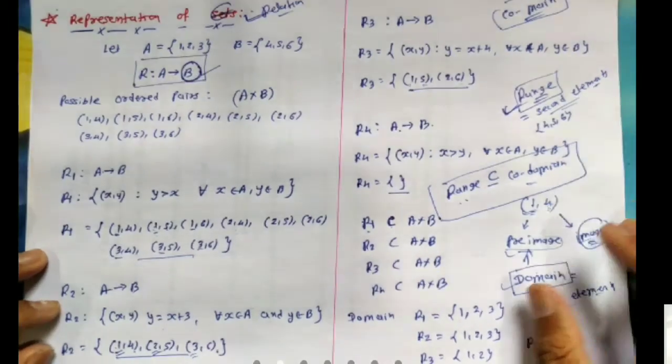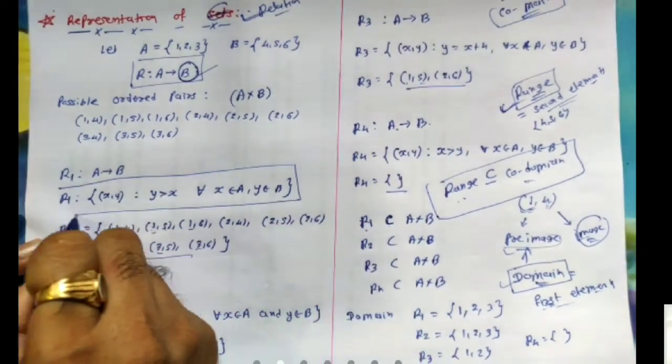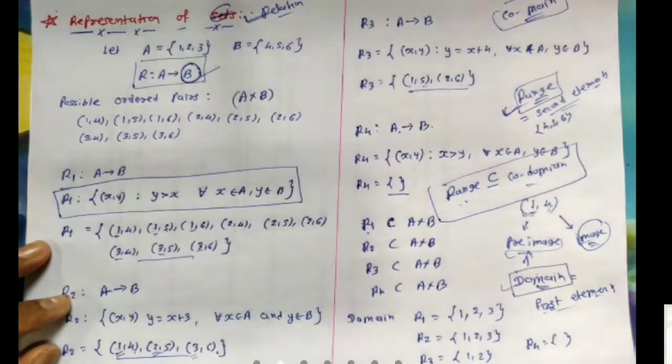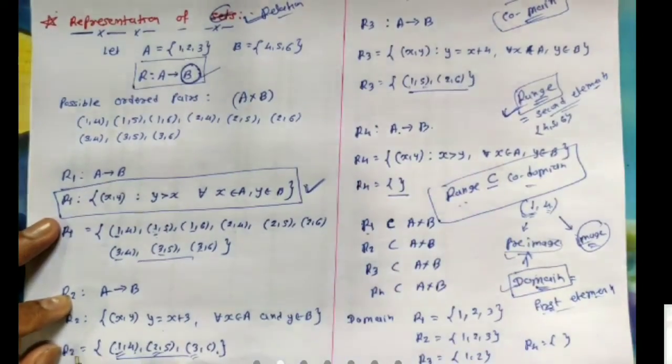Which two ways? For example, relation R1. Here we have defined our relation in set builder form. The first method to represent a relation is set builder form, in which we define the properties.